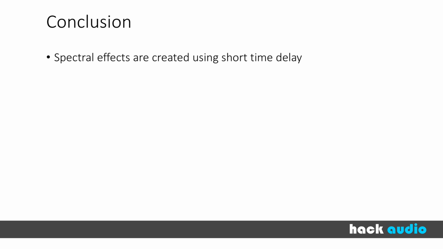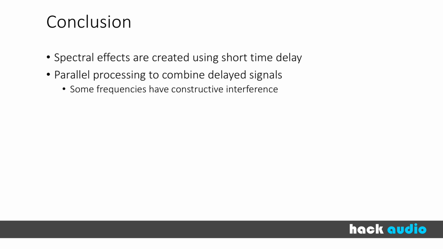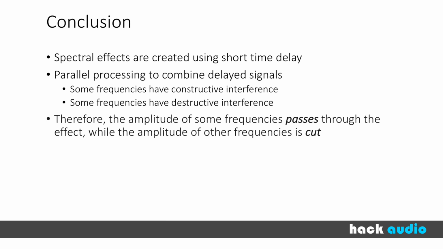So how do we conclude what just happened? So spectral effects are created using short time delays. That's going to be an important thing that we make use of. We set up parallel processing so that we can combine delayed signals together. And now what we're going to have is a dry signal that we add with a delayed signal. What happens? Some frequencies have constructive interference and some frequencies have destructive interference.